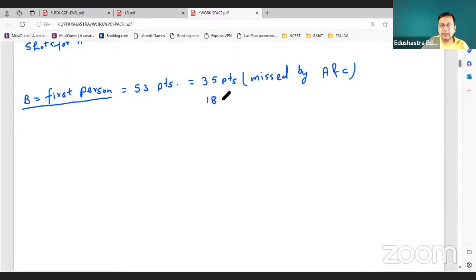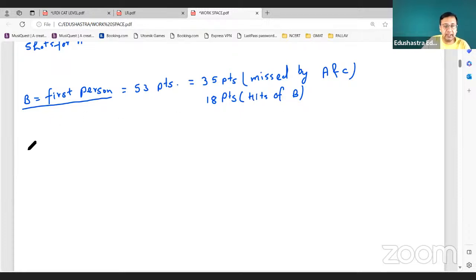Right? 18 points. And 18 points are what? Hits of B. So if B is scoring 18 points by hitting himself, this means B is hitting at least 9 or more than 9 shots, right?